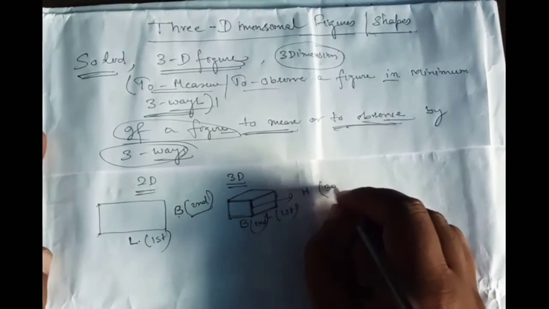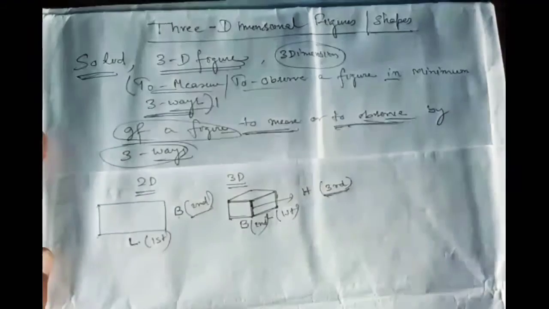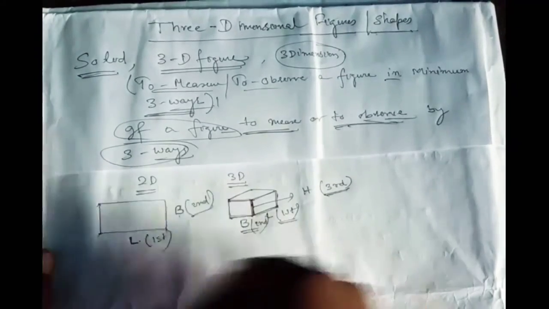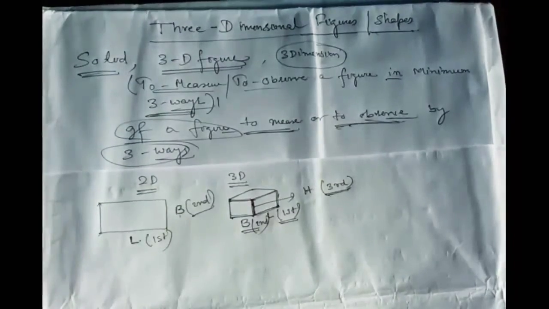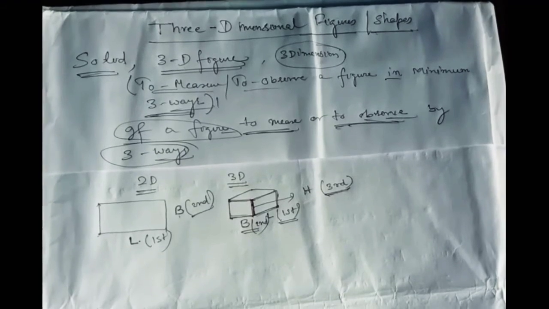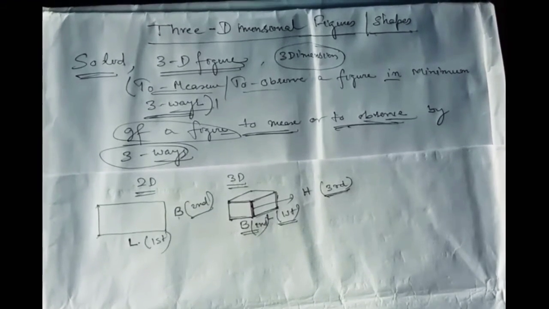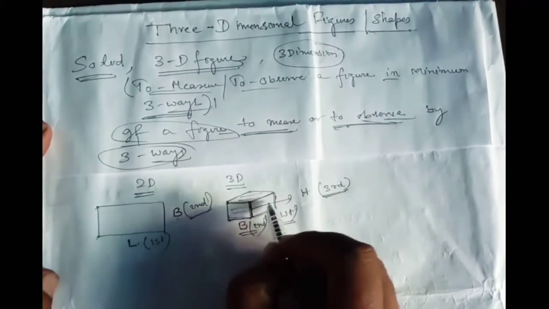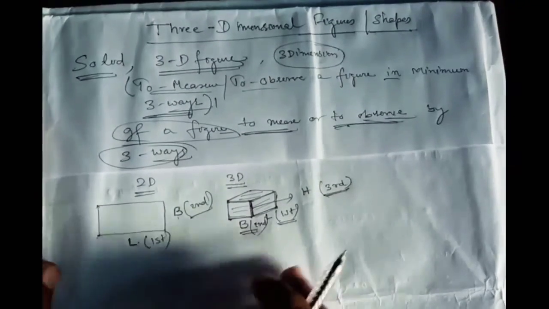This is the third dimension. Okay. So minimum three ways to clearly understand the figure, that is called the three-dimensional figure. That is my definition.